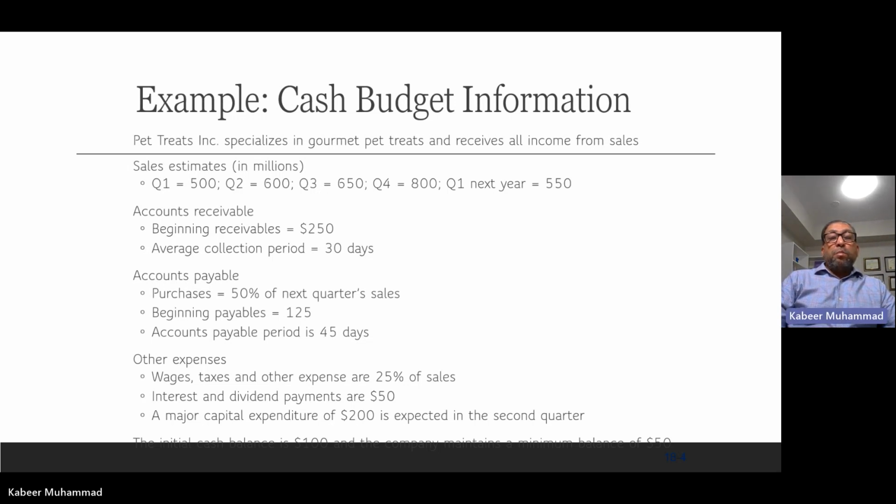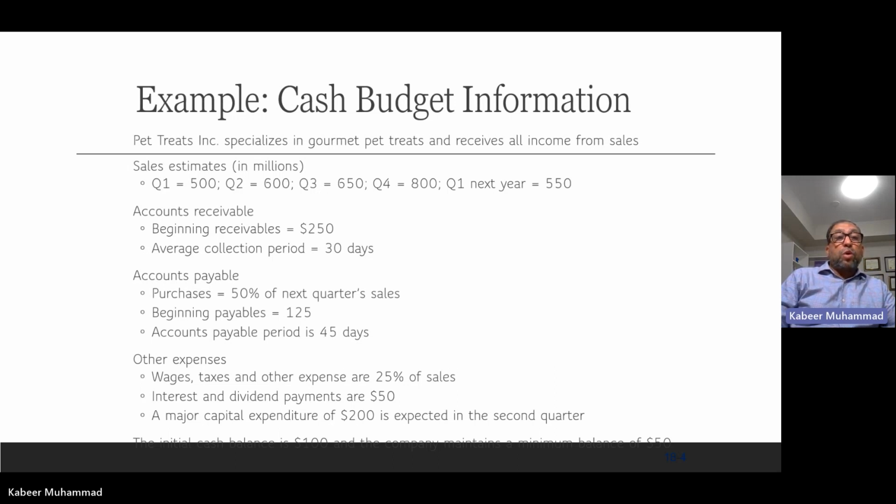Accounts receivable at the beginning is 250, and the average collection period is 30 days. For accounts payable, purchases are 50% of the next quarter's sales, since we have to purchase inventory in advance.